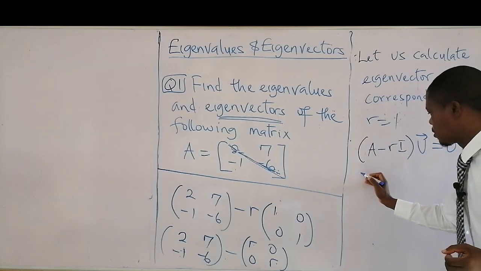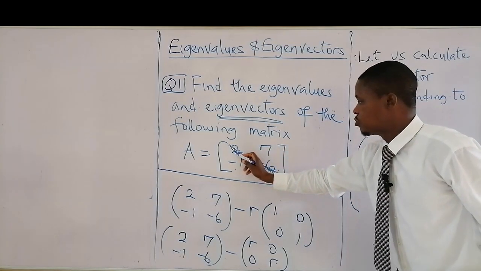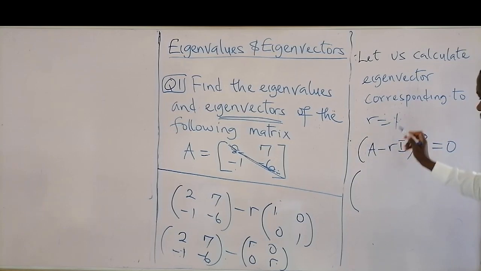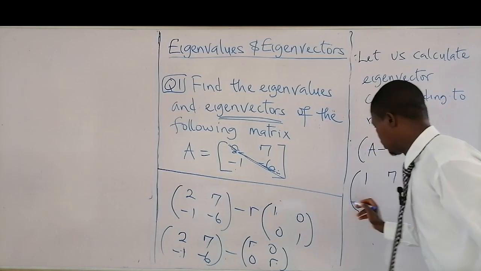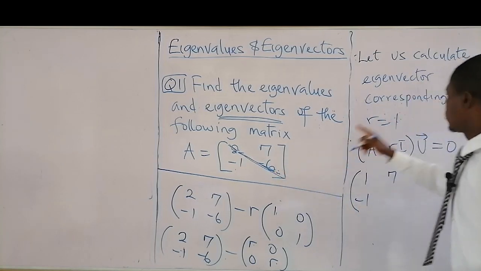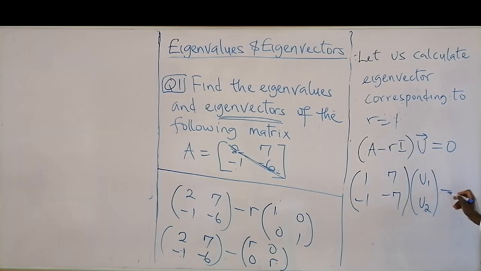And that will be, I think, this is 2 minus 1. That will be 1, 7. This is minus 1. And then minus 6 minus 1, that's minus 7. u1, u2 equal to what? I can put the components of the 0 also, 0, 0.